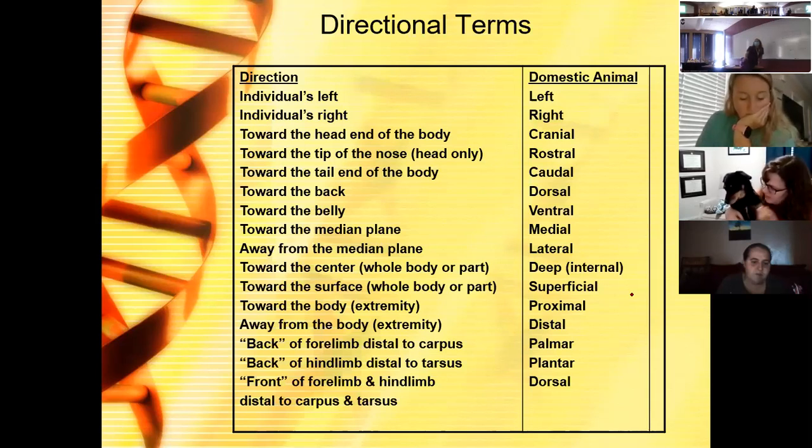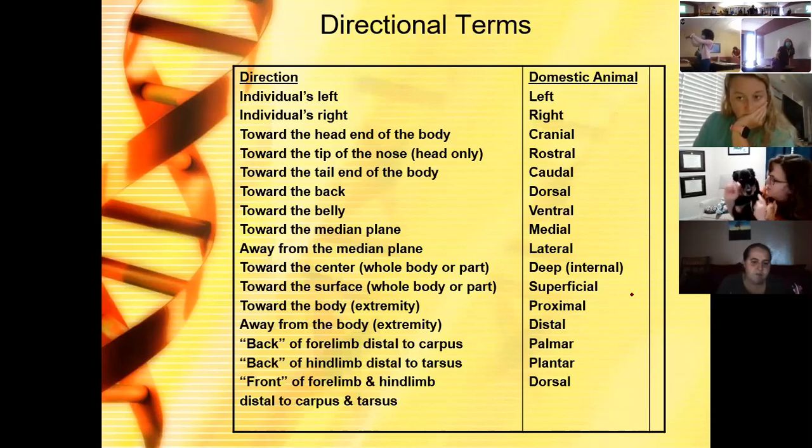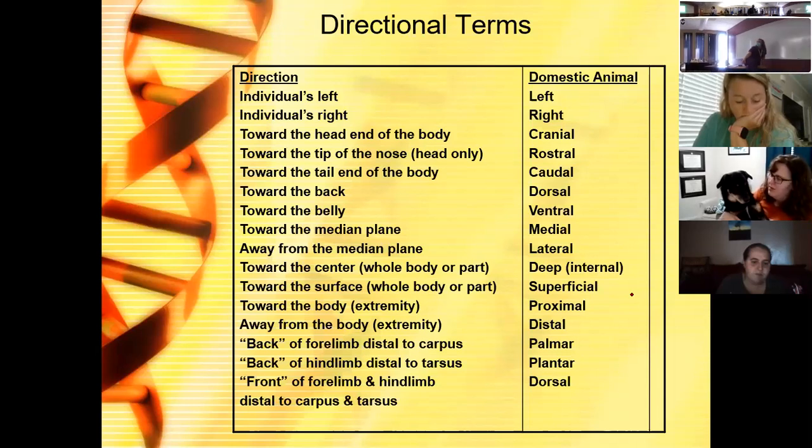1, 2, 3. Left, right, radial, good. Medial. Lateral. That's okay. We'll start again. Medial towards the middle. Medial. Middle. 1, 2, 3. Begin. Left, right, radial, good.